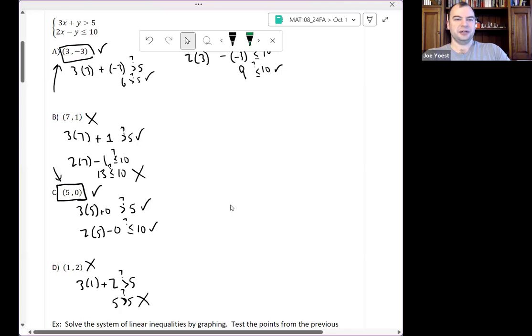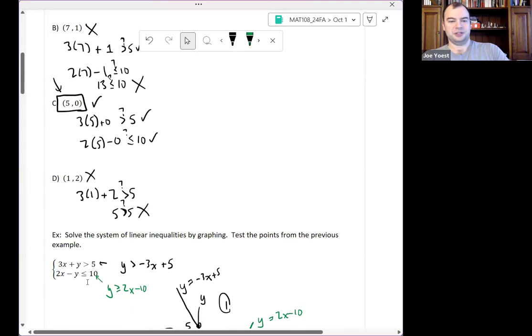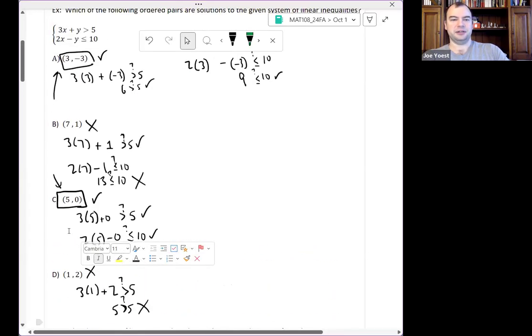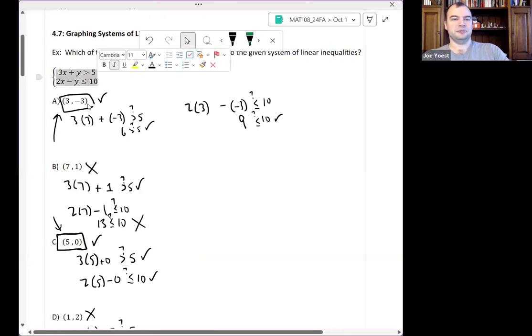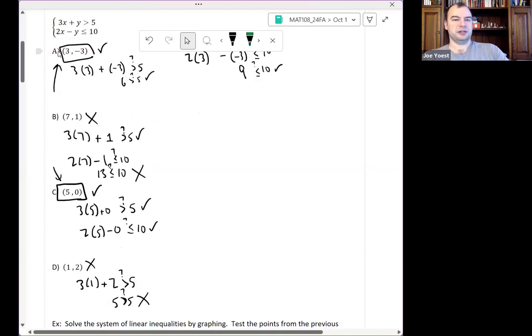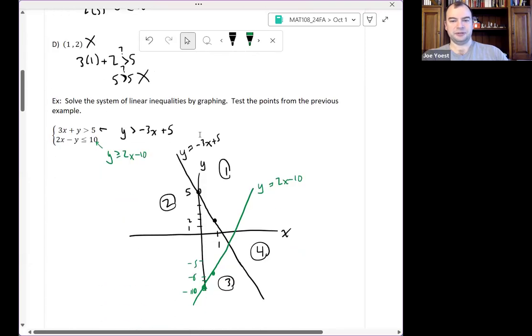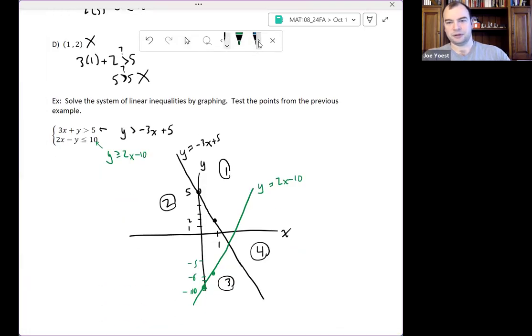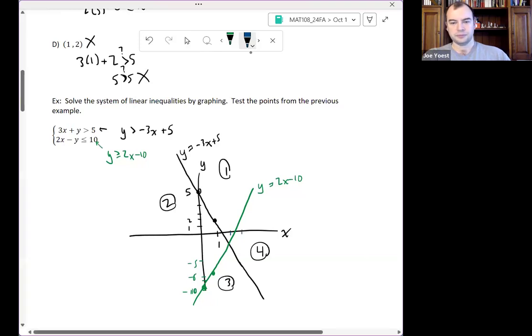But if I look at x, note that this is the same system that we just looked at, right? This is the same system as that one. So if I look at these points, 3 comma negative 3 looks like it is over here.